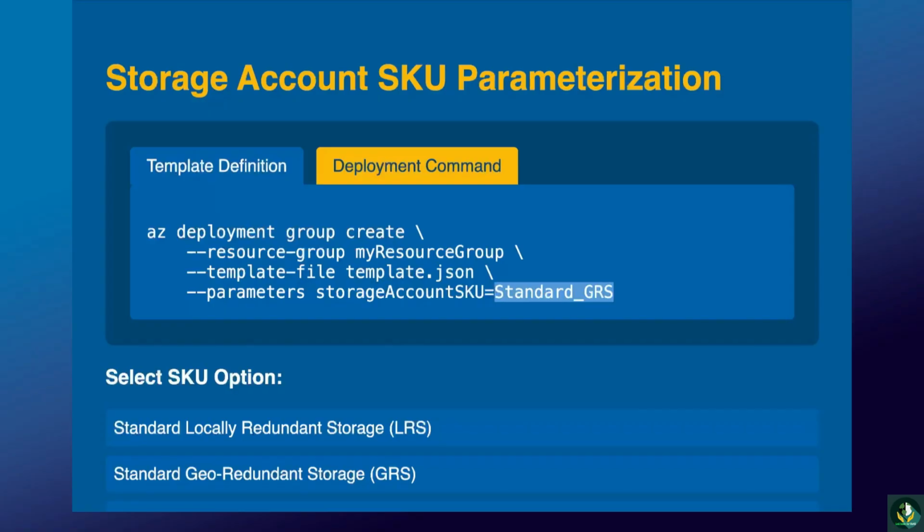The choice of SKU depends on your specific requirements for data accessibility, durability, and cost consideration. So this parameterization approach allows you to use the same template, this one, across different environments while adjusting the storage configuration as needed. And this built-in parameter validation ensures that only supported SKU values are accepted during deployment.